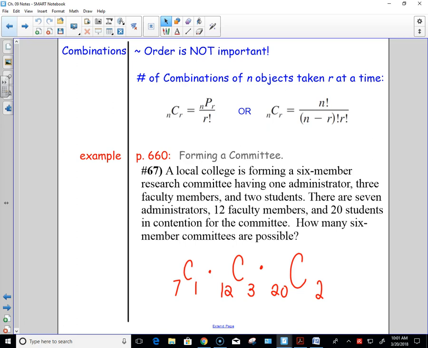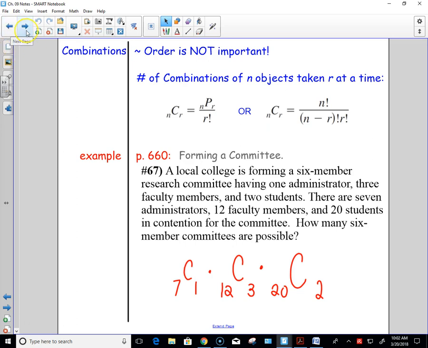Does that make sense? But like the batting order yesterday, why did the order matter? It wasn't just the group of kids that were included. It was also who was going to bat first, second, third, fourth, fifth. Those were different orders or arrangements, so we had to use permutations on that. So whenever you hear the word group or the word committee, you should think combination.